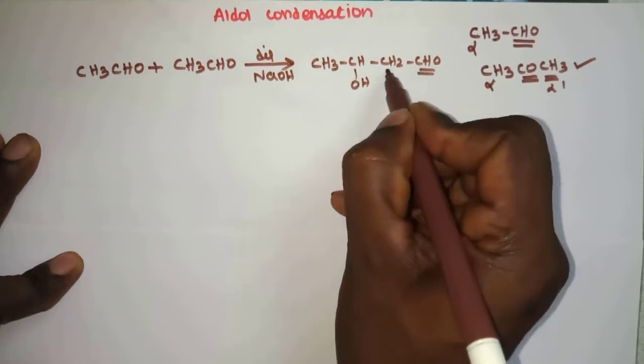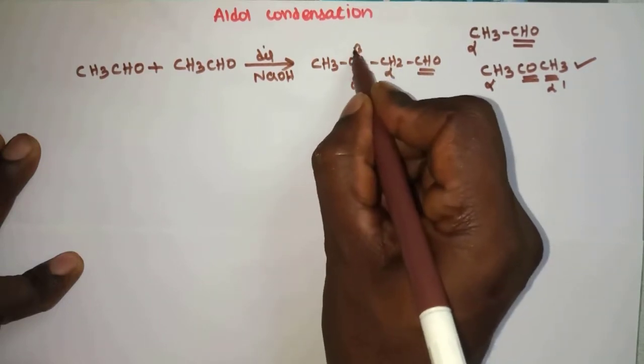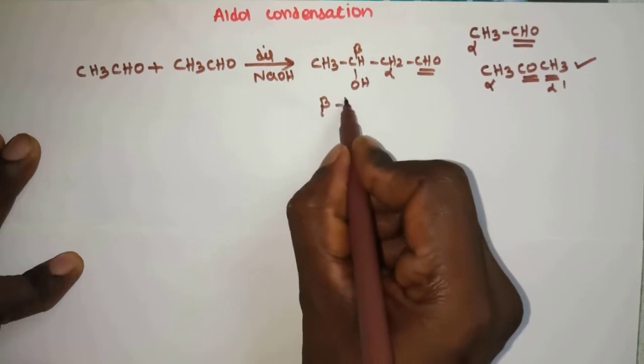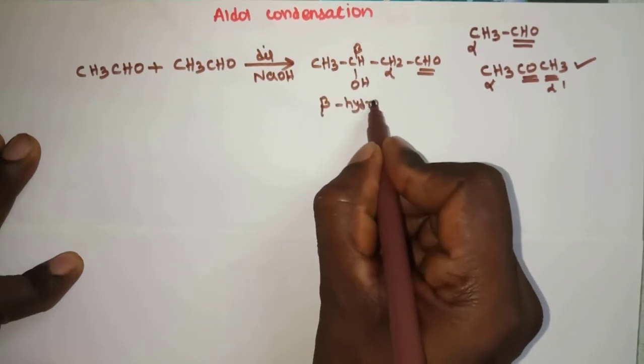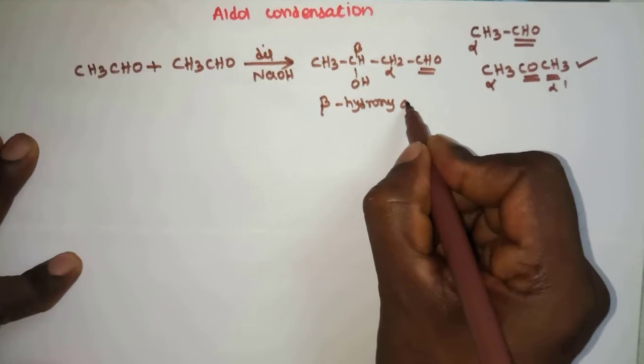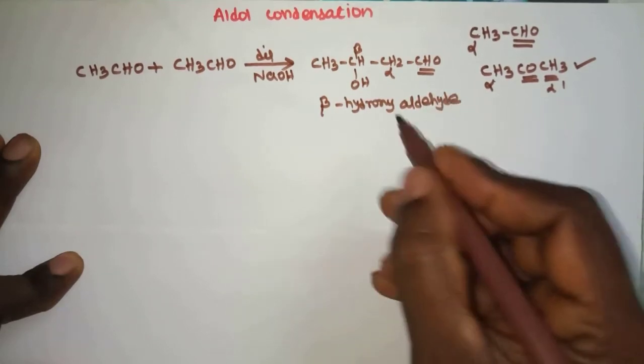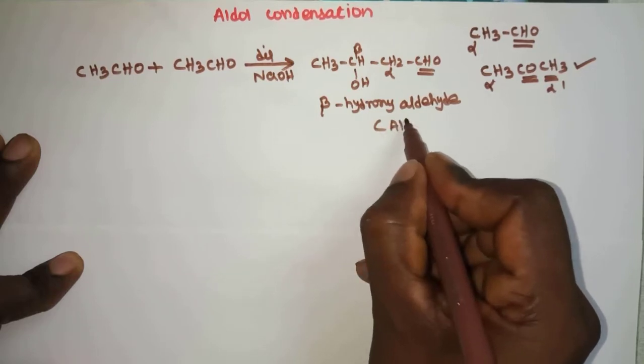This is the functional group. This is the alpha carbon. This is the beta carbon. The name of this compound is beta hydroxy aldehyde. The common name of this compound is aldol.